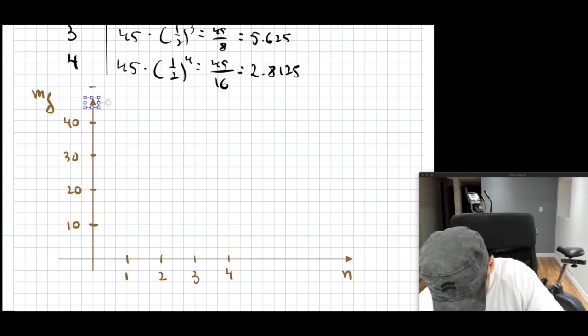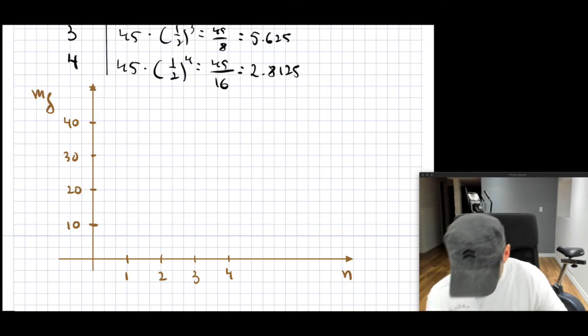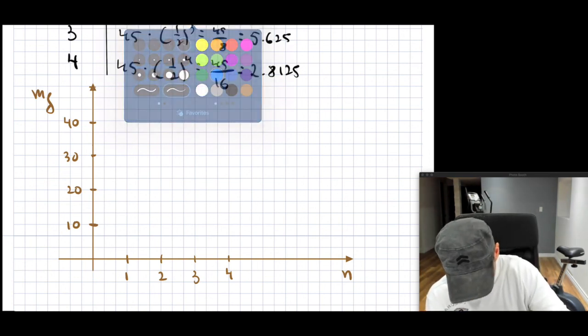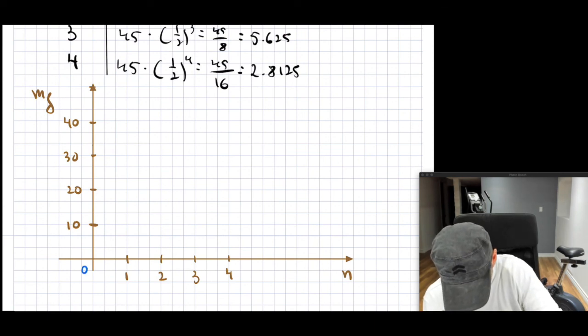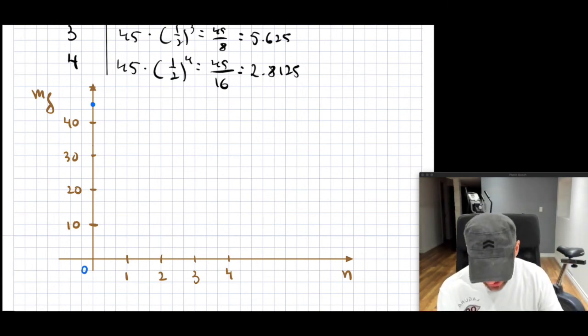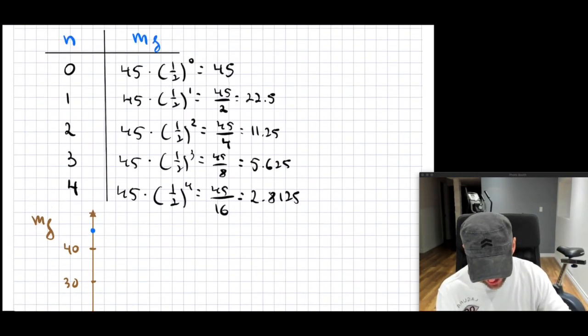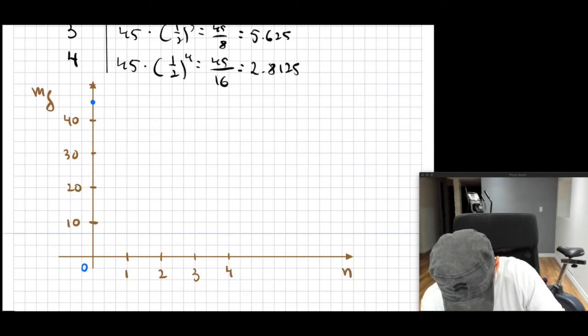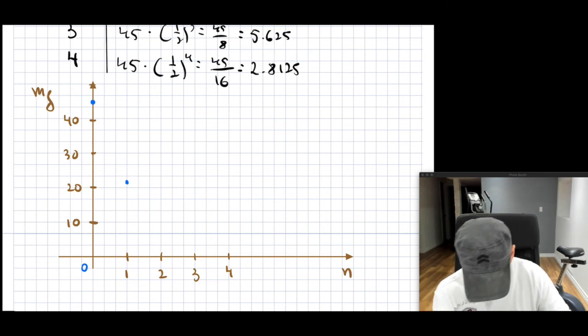Now I'm going to push this up a little bit, and now I can go ahead and try to graph these. So at 0, I was at 45, so that's going to be halfway between 40 and 50. And then this just keeps shrinking down. 22.5 at 1, so it's going to be just above 20 there.